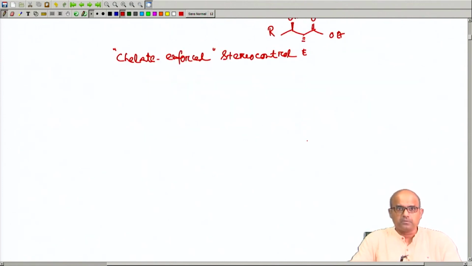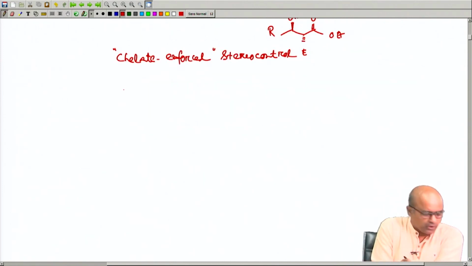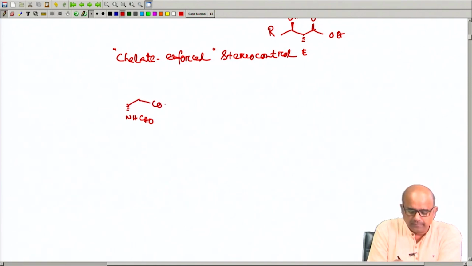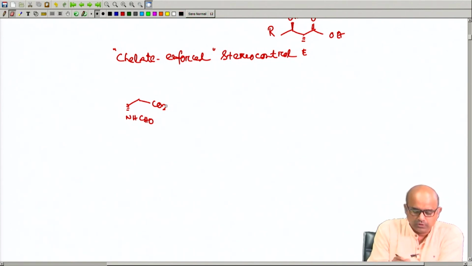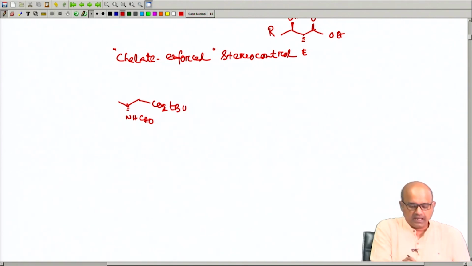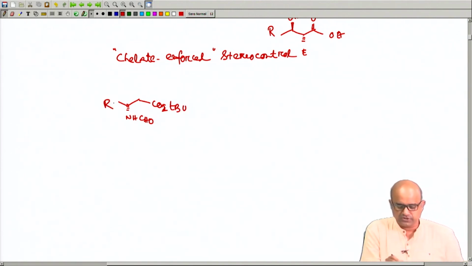But it is not limited to oxygen-containing compounds; other compounds also give you a similar kind of control. If you have a nitrogen-containing compound like NHCHO, and you may have this kind of ester, sorry, CO2 tertiary butyl, and then another R group, just a general thing.